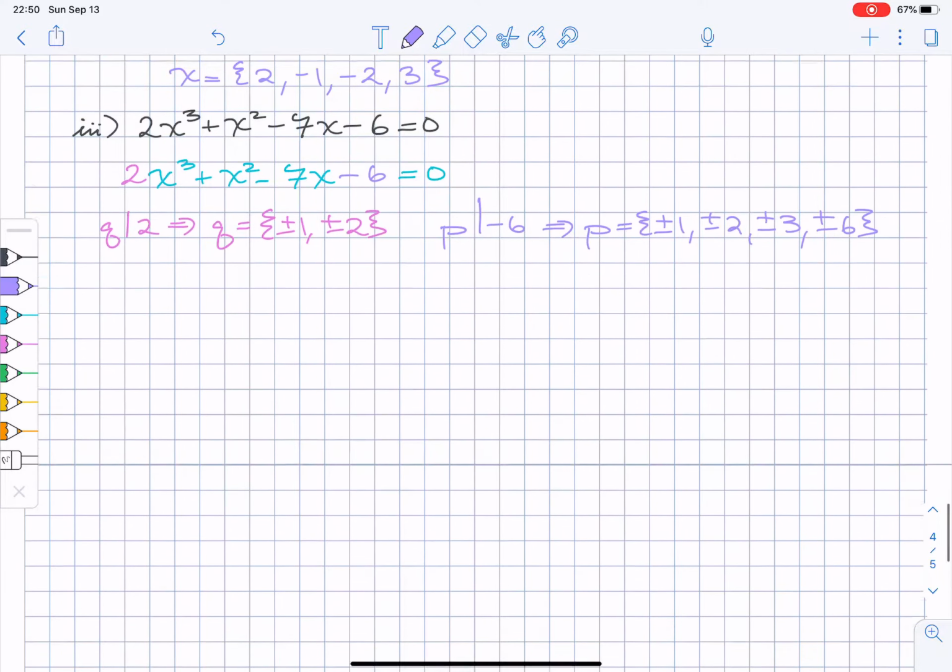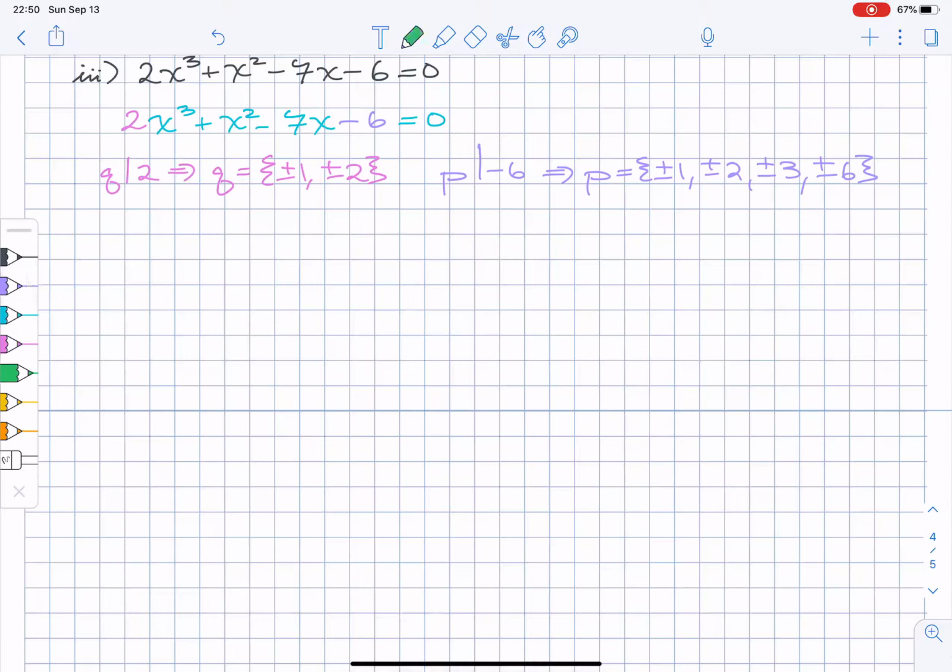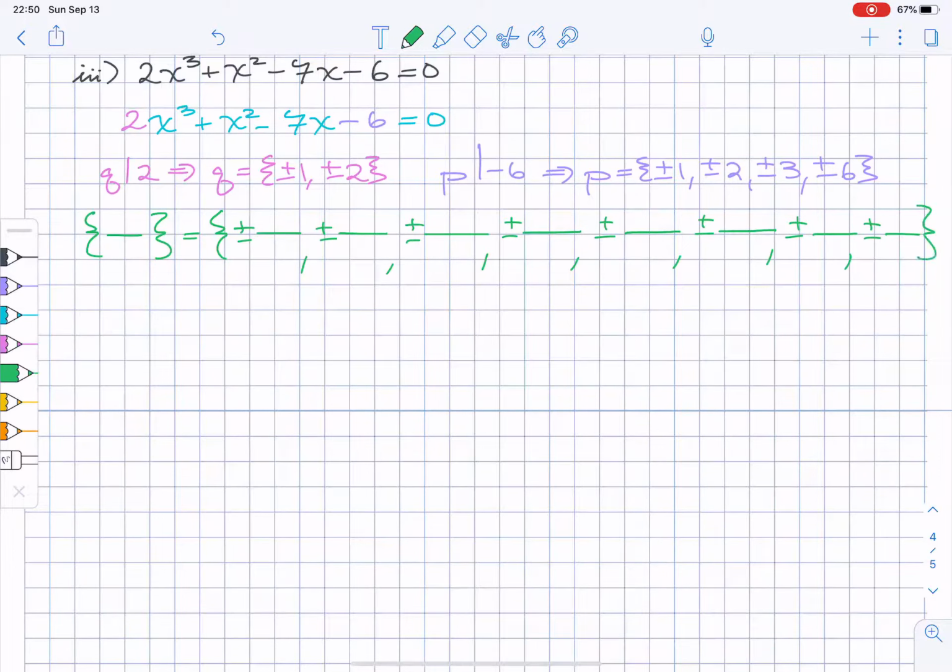So now we finally have a p over q that's going to be more interesting. So the set of all possible p's over q's is now going to be plus or minus all p's, which are 1, 2, 3, 6, then 1, 2, 3, 6.